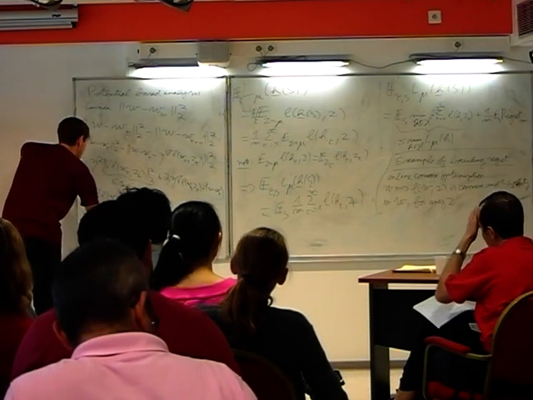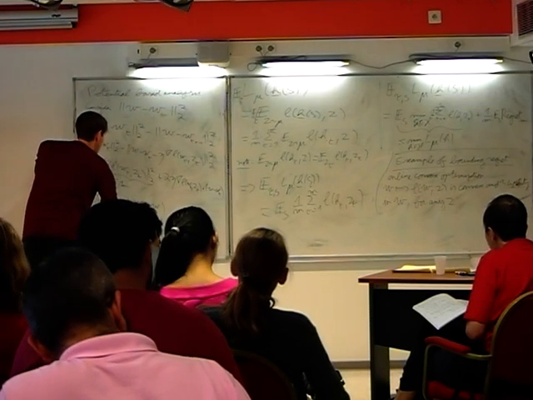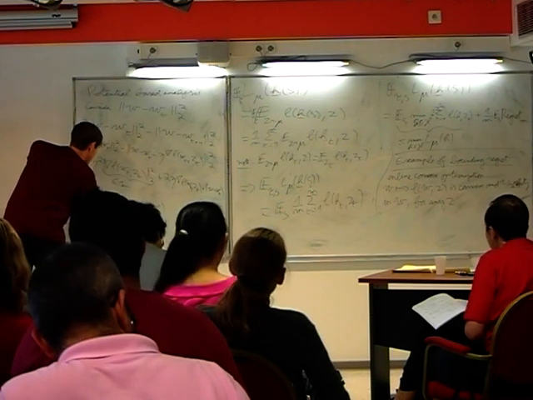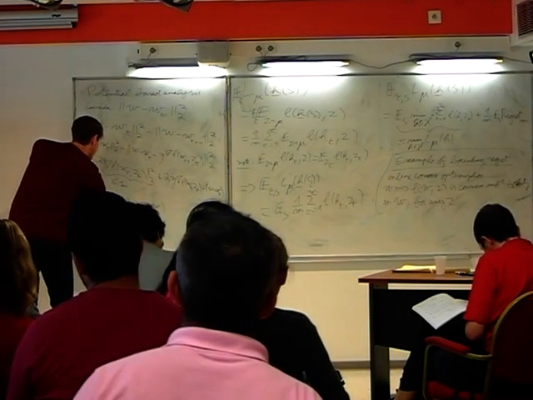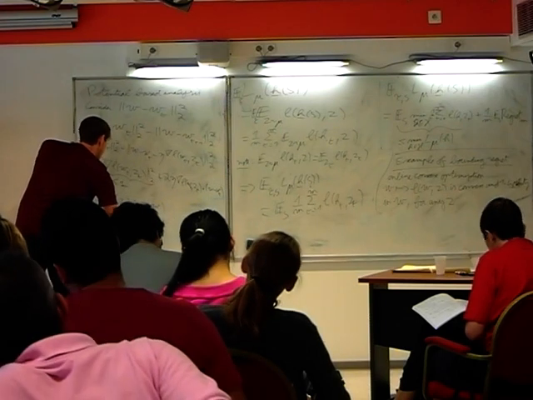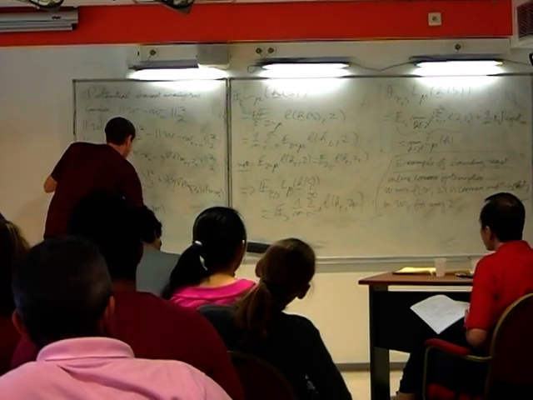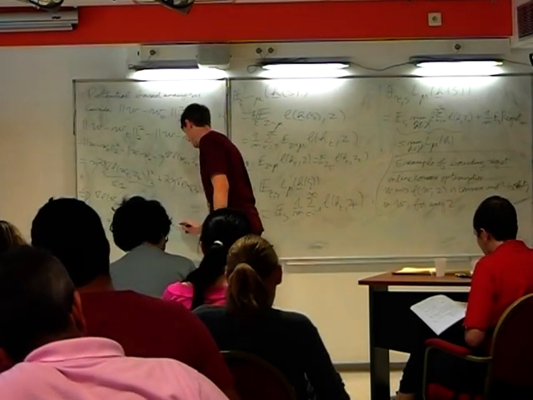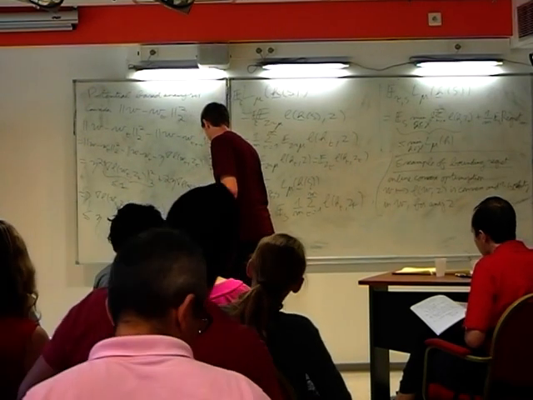You have eta plus 1 over eta times the norm squared of W minus W_t, minus the norm squared of W minus W_{t+1}.